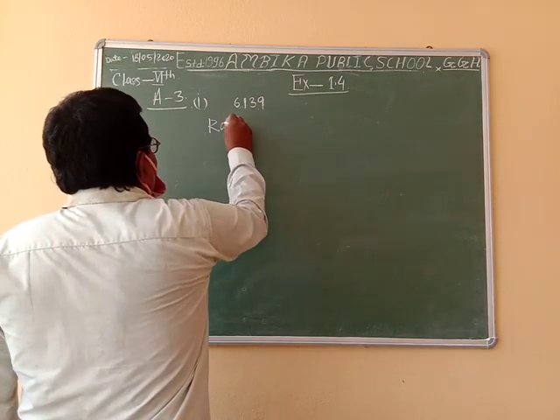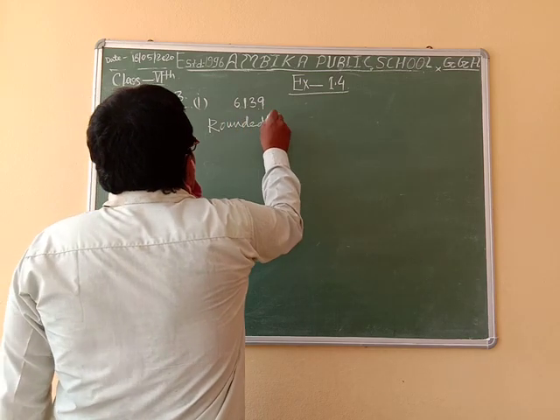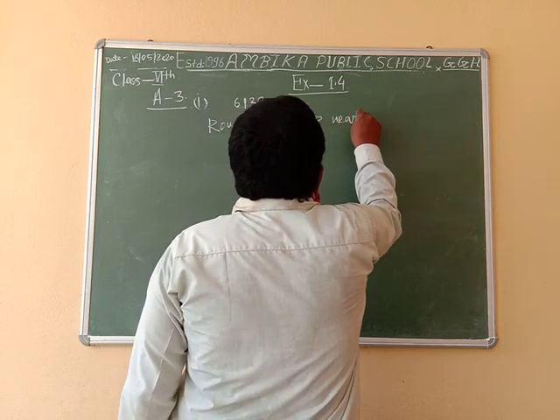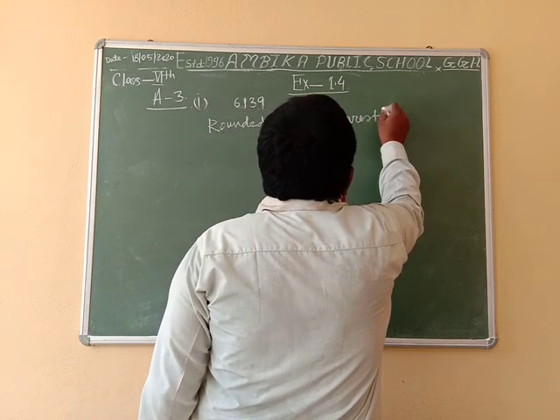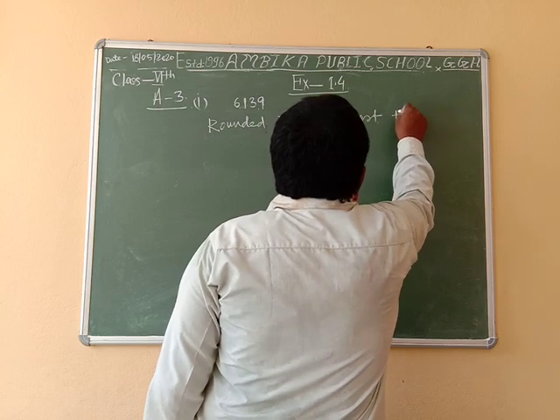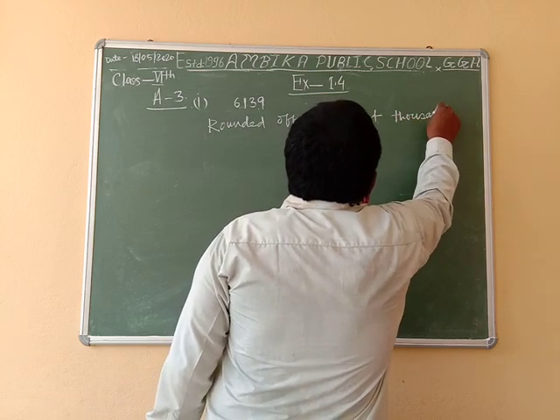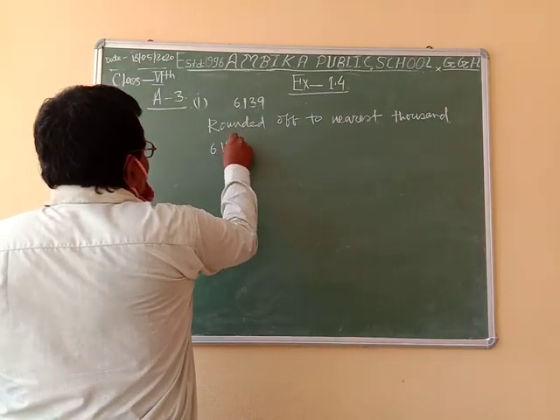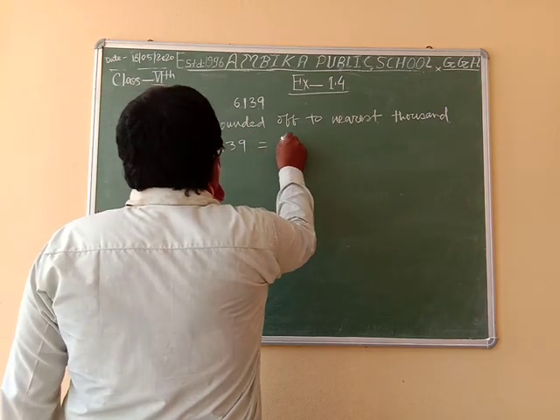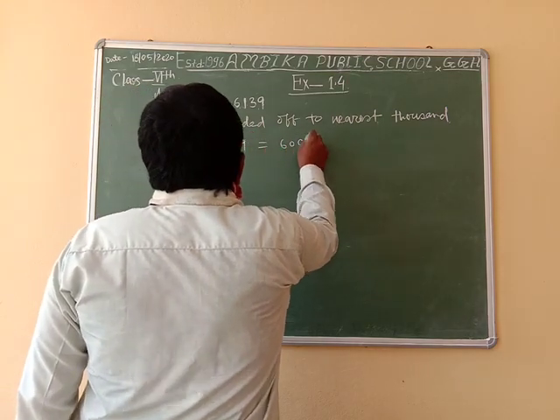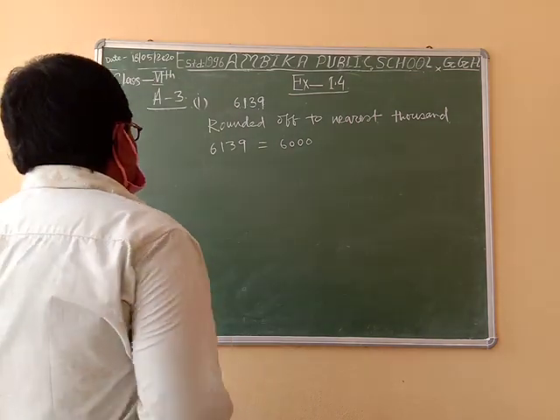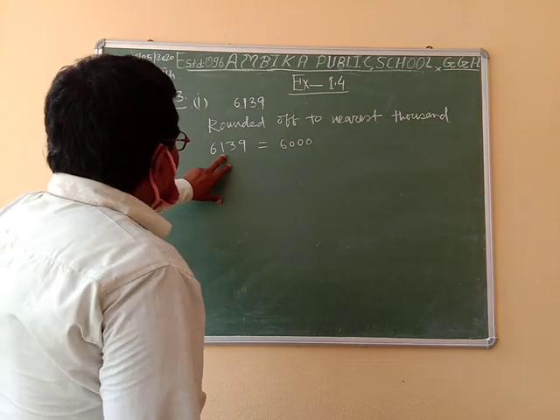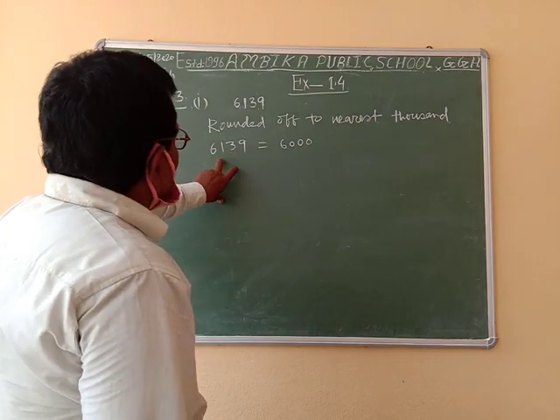Rounded off to the nearest thousand, 6139 is equal to 6000, because the hundreds digit is less than 5, so we replace the hundreds, tens and ones digits by 0.